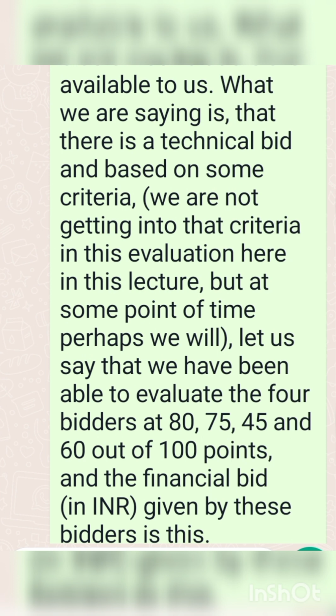There is a technical bid, and based on some criteria, we are not getting into that criteria in this lecture, but perhaps at some point we will. Let us say we have evaluated the 4 bidders at 80, 75, 45 and 60 out of 100 points, and the financial bid in Indian rupees given by these bidders is this.